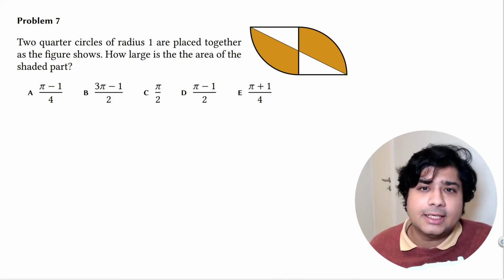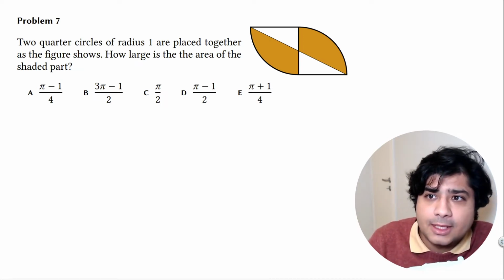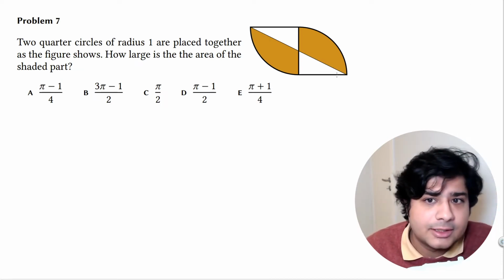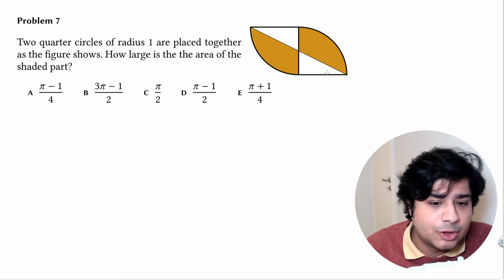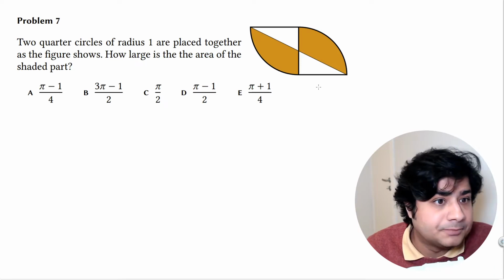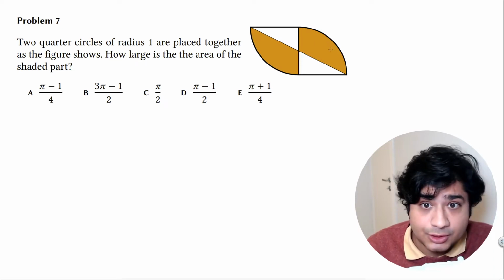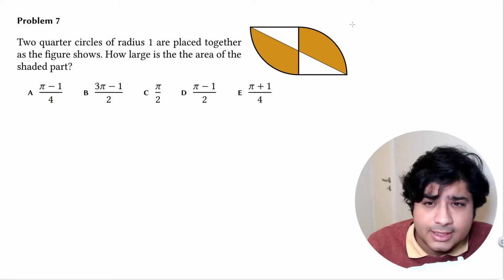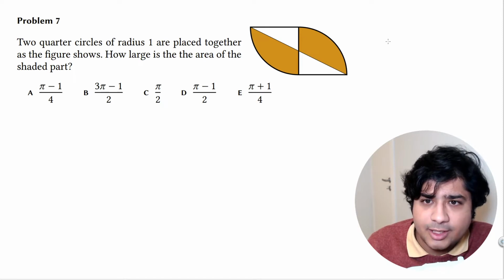All right, let's see what we have here. So we got a figure and they're talking about 2 quarter circles. So I suppose they're talking about this part. If we were to write that like this, this would be a quarter circle.